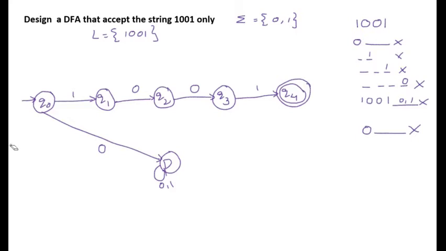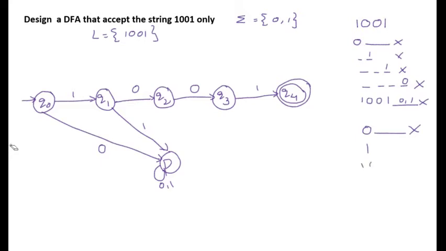And suppose the input symbol is 1, then it will reach the state Q1. Suppose Q1 on 0, it is moving to the state Q2. Suppose Q1 on 1, it should not be accepted because the second symbol should not be 1. So Q1 on 1 should be connected with the dead state.